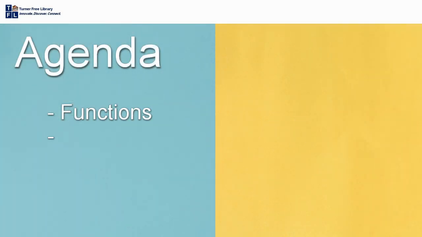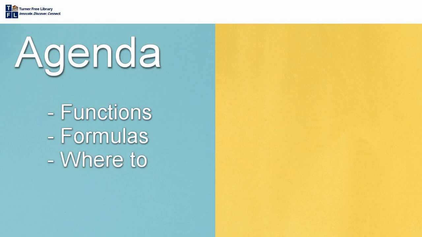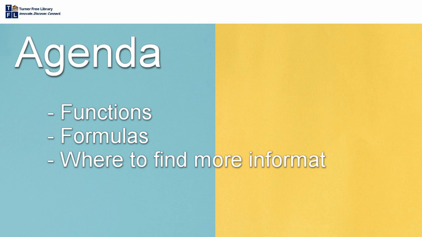Now, Excel's functions and formulas are part of what really set Excel apart from paper spreadsheets. They allow you to complete calculations within your worksheet. No need for a separate calculator. Functions and formulas can range from the simple to the very complex, and while we'll go over some of the most common, there are far more than we could go over in a single class.